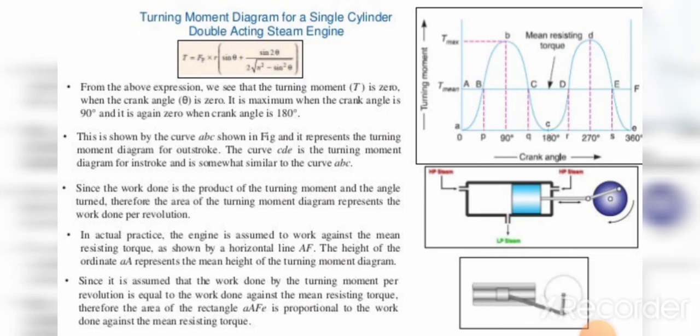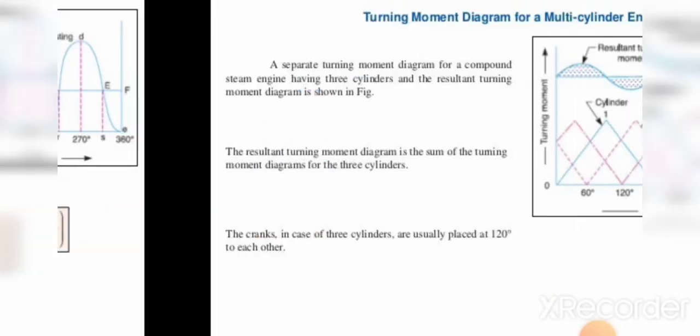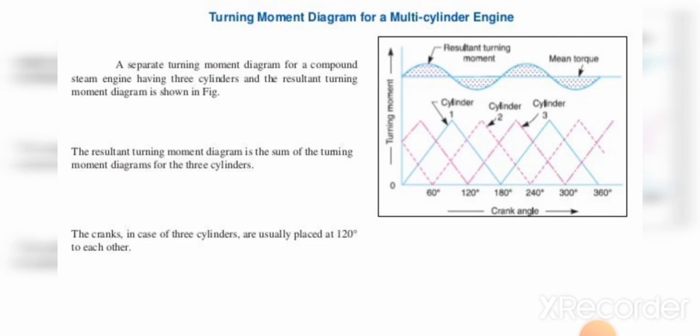Next we will see the turning moment diagram for a multi-cylinder engine. As we all know, a separate turning moment diagram is there for each cylinder of a multi-cylinder engine. For a compound steam engine having 3 cylinders, the resultant turning moment diagram can be seen in the figure. Here the first cylinder is the high pressure cylinder, the second is the intermediate cylinder, and the third is the low pressure cylinder.